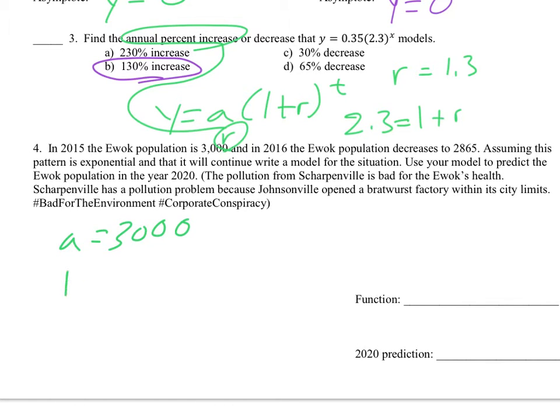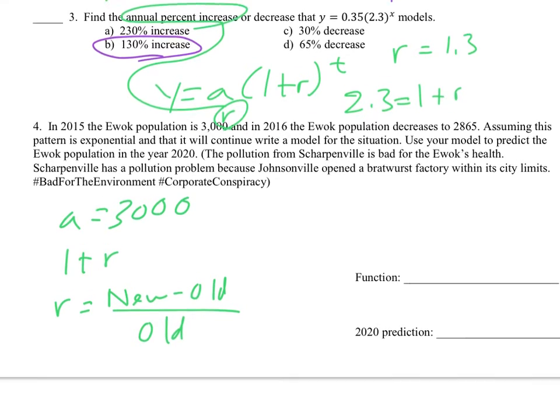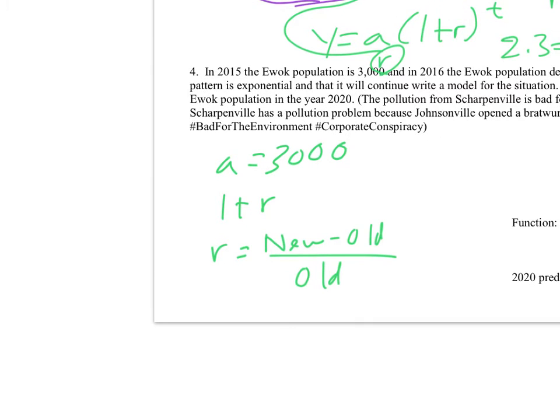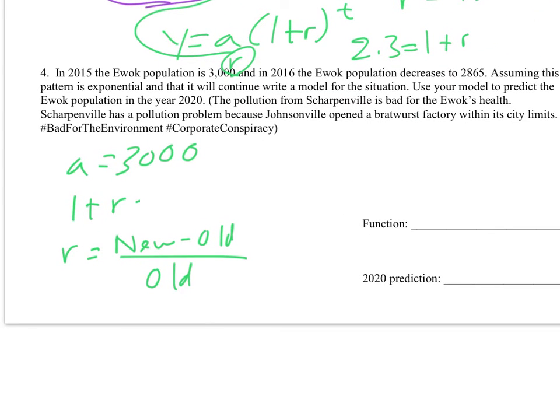The other part of that model that we need is the 1 plus R. Now a while ago we looked at a formula for figuring out R. R equals the new number minus the old number divided by the old number. And that formula works just fine. However, if I want to find 1 plus R, then 1 plus R will equal just the new number divided by the old number.